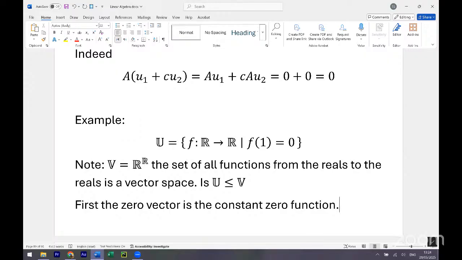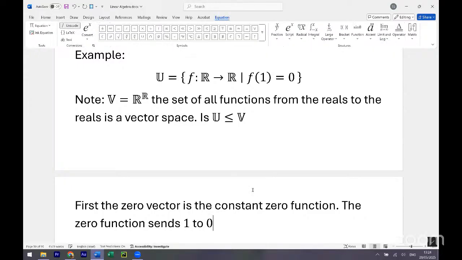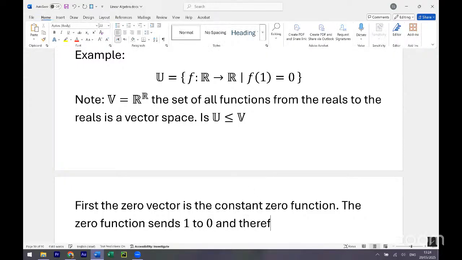Is this function within U? Yes, because the 0 function sends 1 to 0, and therefore is a part of U.